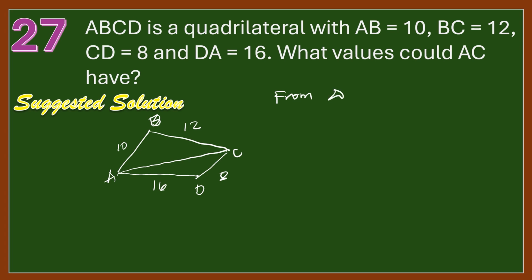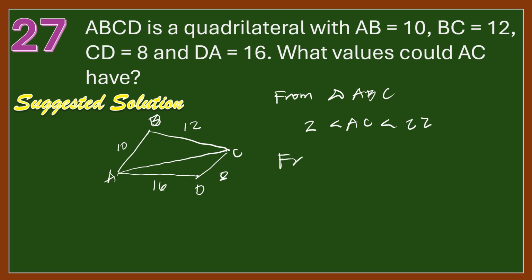From triangle ABC, from the triangle inequality theorem, we have AC must be greater than BC minus AB, that is 12 minus 10, that is 2, but less than the sum of AB and BC, that is 22.